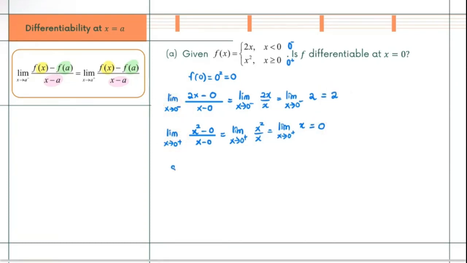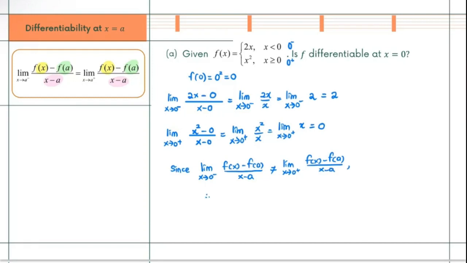So the conclusion will be, since limit as x approaching 0 negative of fx minus fa over x minus a is not equals to limit as x approaching 0 positive of fx minus fa divided by x minus a.